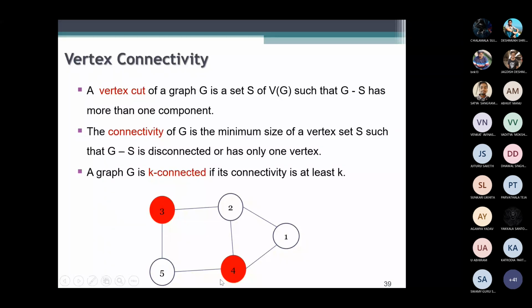If you delete it, then it will create more than one component. So the connectivity of a graph G is the minimum size of a vertex cut. So the connectivity of G is the minimum size of a vertex set S such that G minus S is disconnected or has only one vertex.